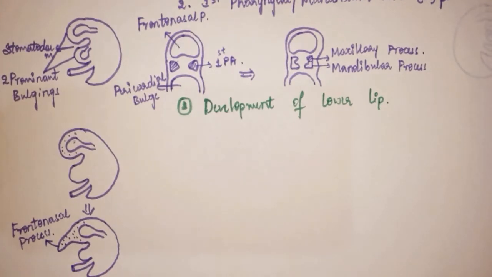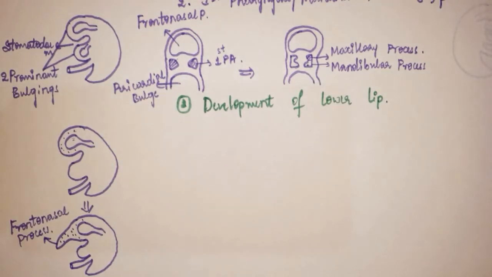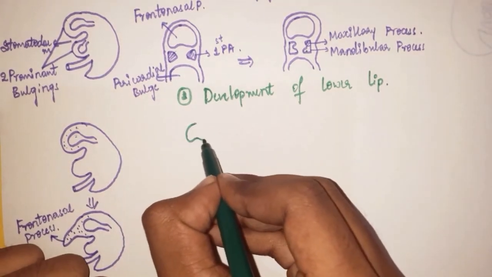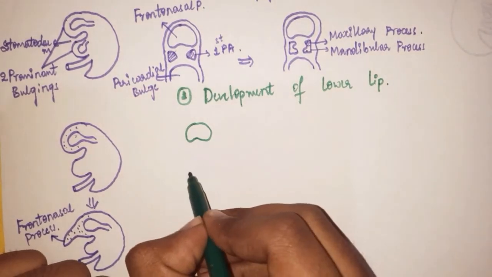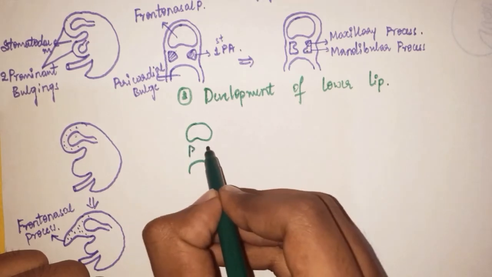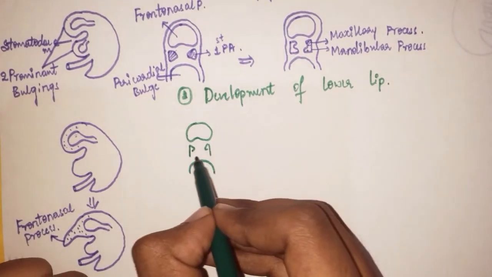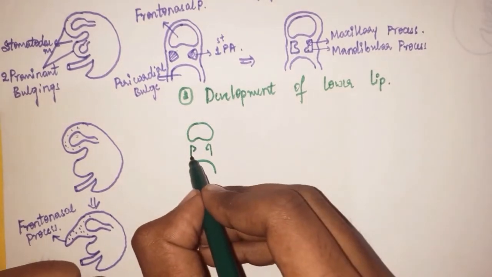Firstly, the mandibular processes grow towards each other. These two will grow towards each other and fuse in the midline. So the diagram looks like this. This is the frontonasal process, this is the pericardial bulge, and this is the maxillary process. These two mandibular processes develop towards each other and fuse at the midline like this.